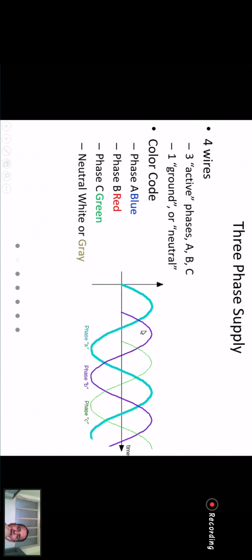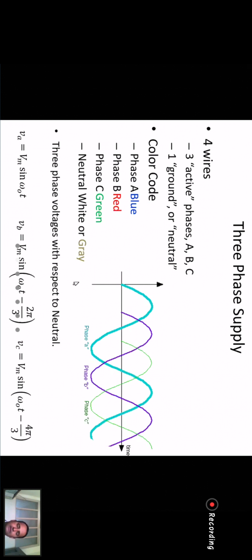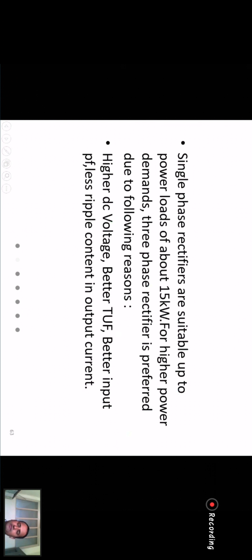So it's not red, but a purple type shown in the wave. And neutral is white or gray. So these are the three phase voltages with respect to ground. VA equals Vm sine omega t, VB equals Vm sine omega t minus 2 pi by 3, and VC is Vm sine omega t plus 2 pi by 3. I think you have already done this in other modules also.